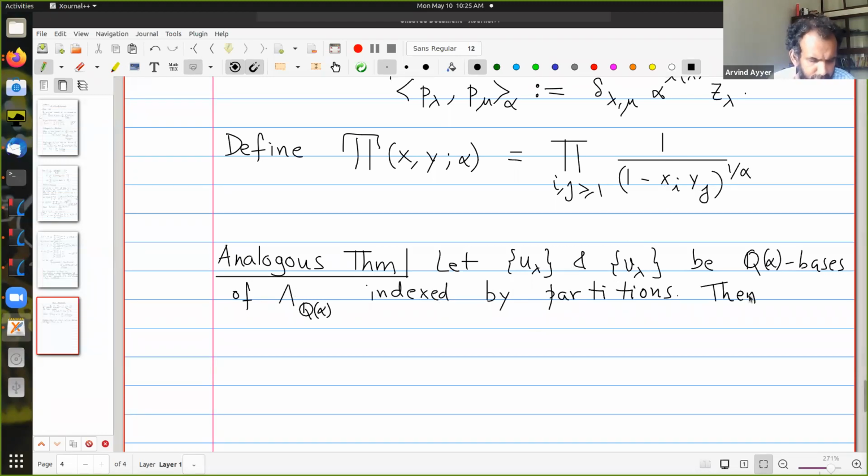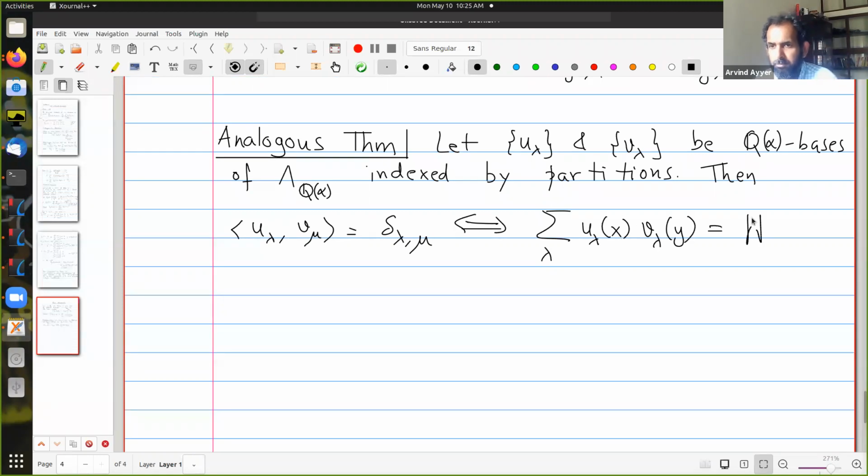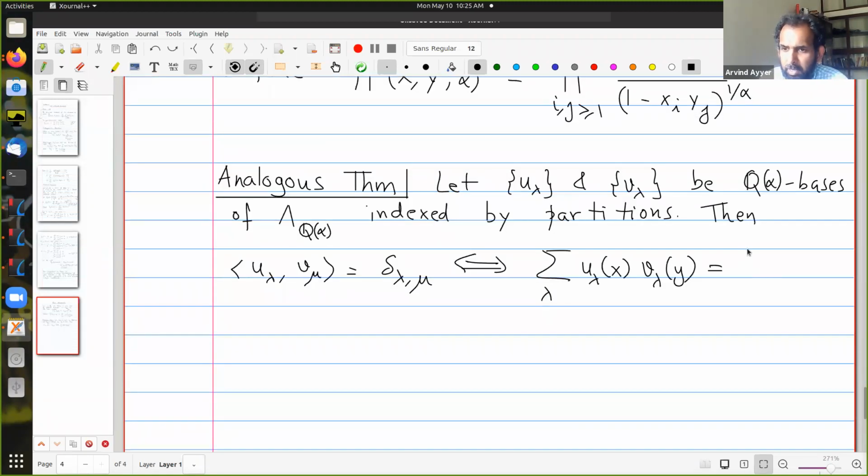Then u lambda, v mu is delta lambda mu if and only if the sum over lambda of u lambda of x, v lambda of y is pi of x y. Okay, so again, natural generalization.